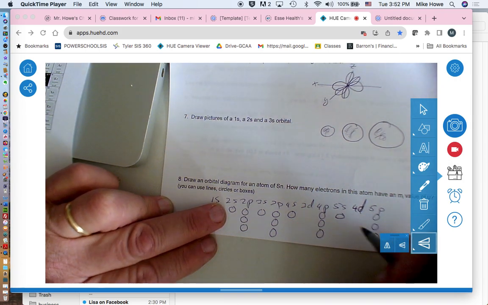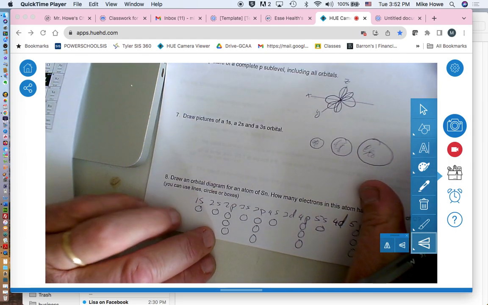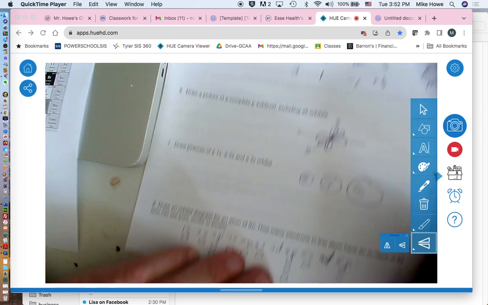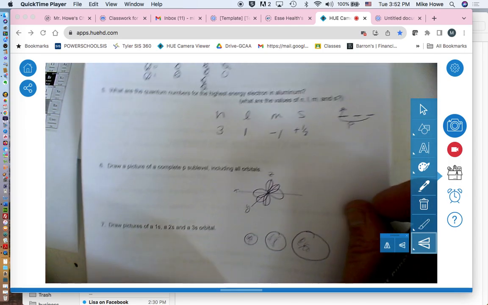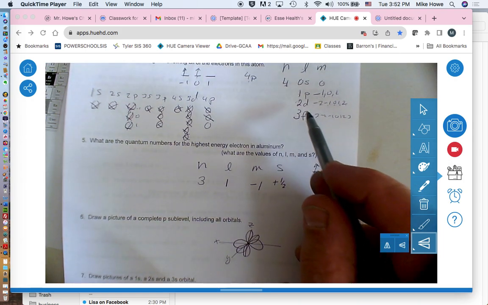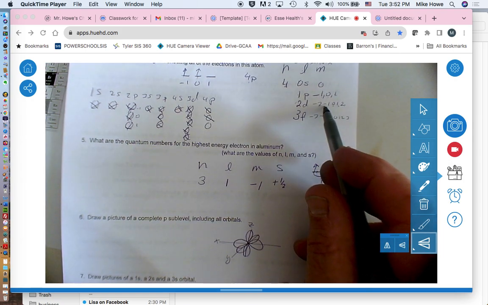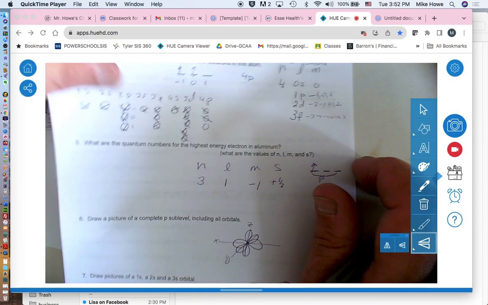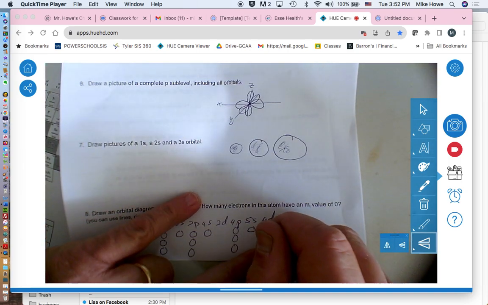Now I already put in the d's. The d's don't show up until the 3rd energy level, and how many beds do they have? Remember back up here that the d's have 5 values: negative 2, negative 1, 0, 1, and 2. So we're going to draw 5 for the d's.